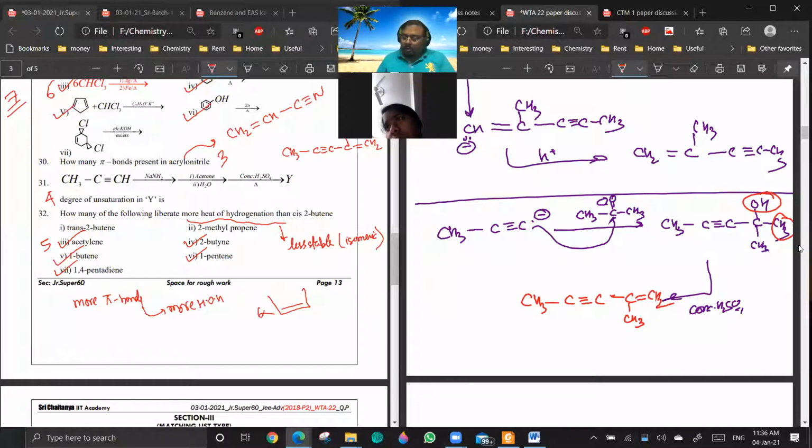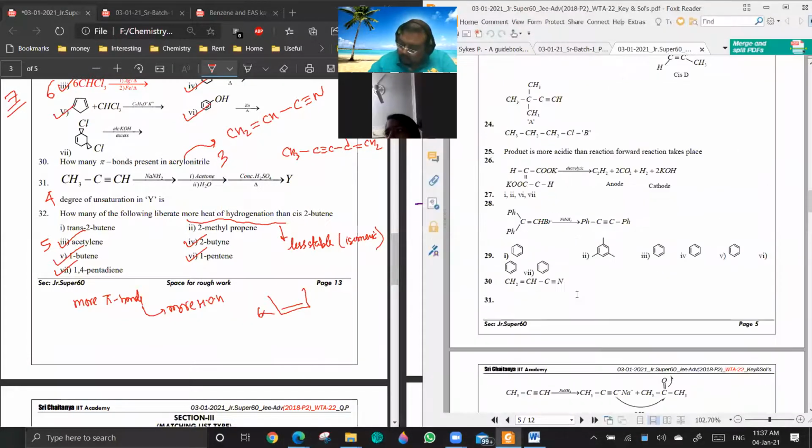So the degree of unsaturation will be 2 plus 1, 3. Okay. They are giving it as 4. Should be 3 only, I guess. One minute, let me check 31.